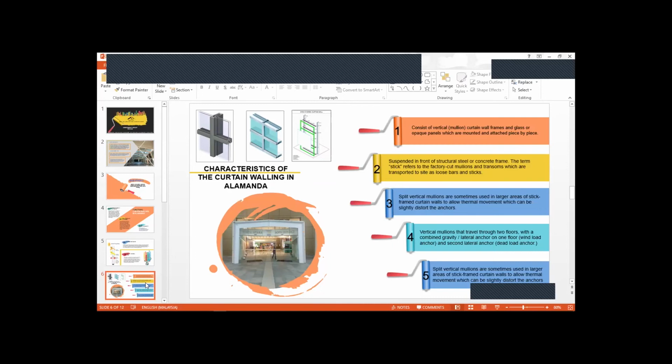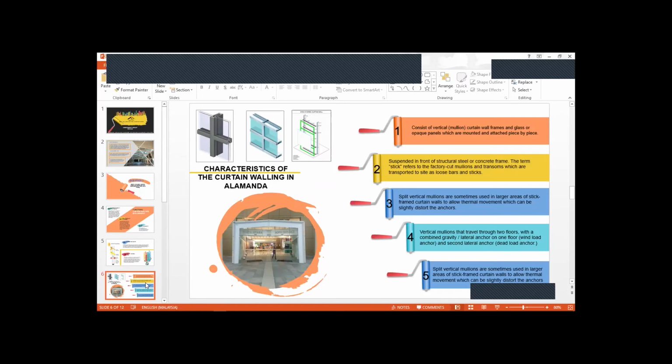The advantage of the Alamanda shopping mall using a bigger frame of mullion is that we can have a big glass, a big surface area of glass.